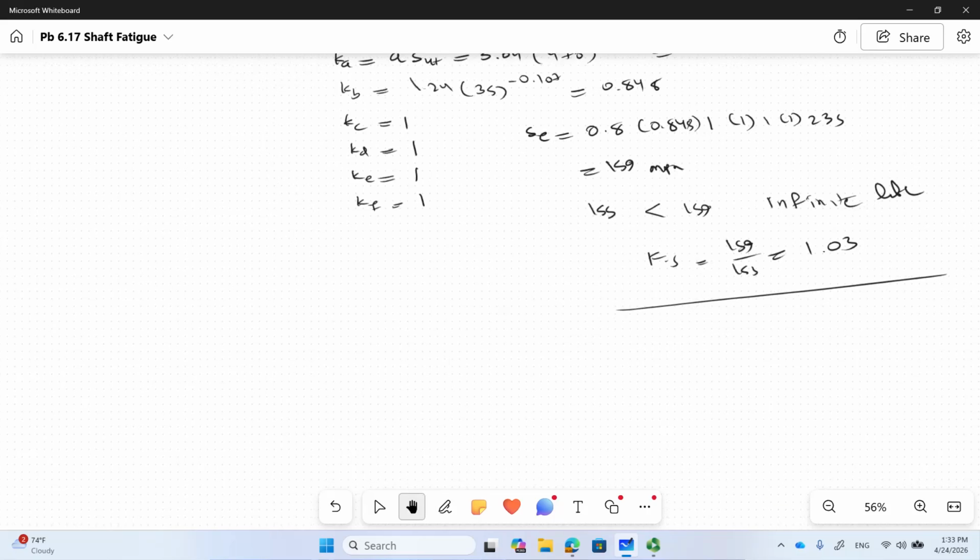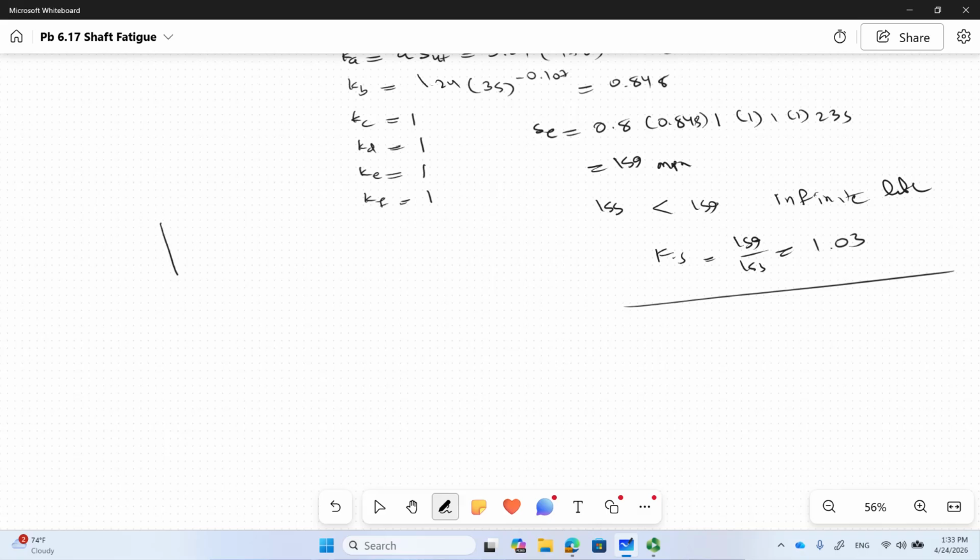But let's look at other cases. The SN diagram has two knees, right, and then we have a plateau. So we are here right now, our Se was 159 and our stress was 155. So life is infinite. It's going to be close to 1,000,000, because if you remember, we called it infinite above 1,000,000. But what if my stress was larger?